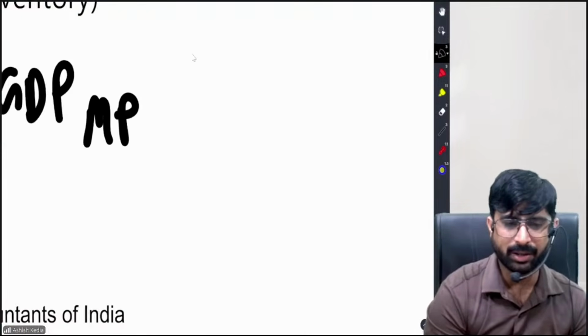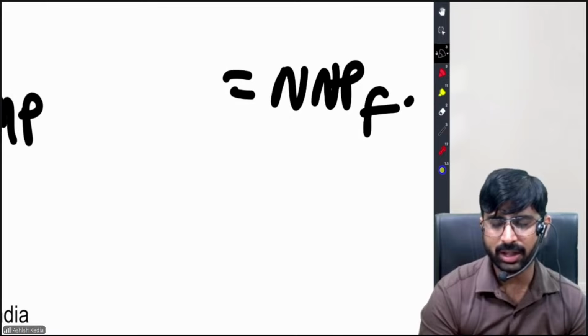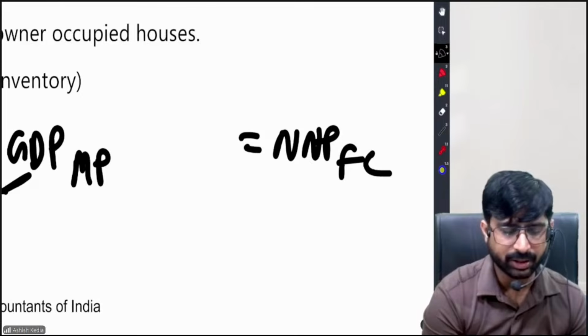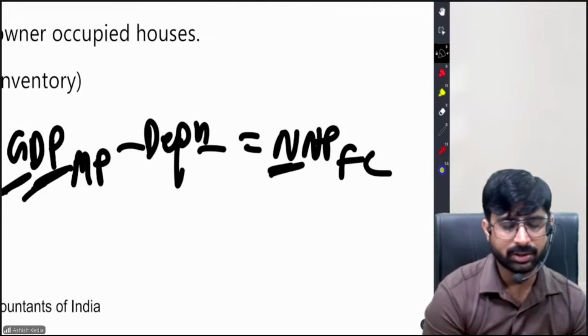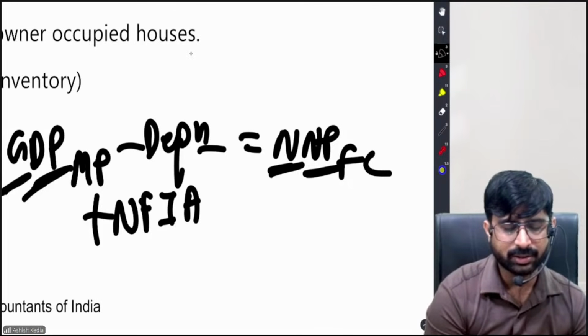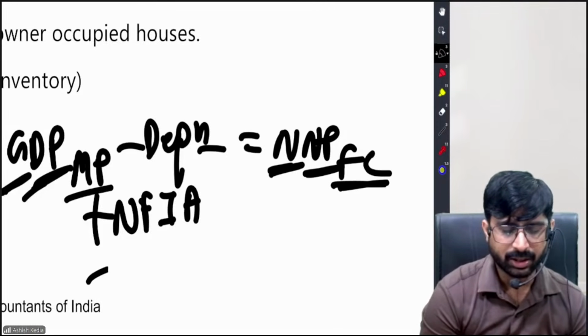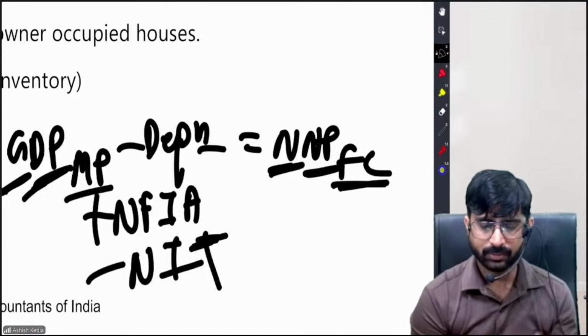from GDP at MP to reach national income, that is NNP at FC: this is gross, this is net. Here you deduct depreciation. This is MP, this is FC. Add NFIA, less net indirect taxes. Game over.